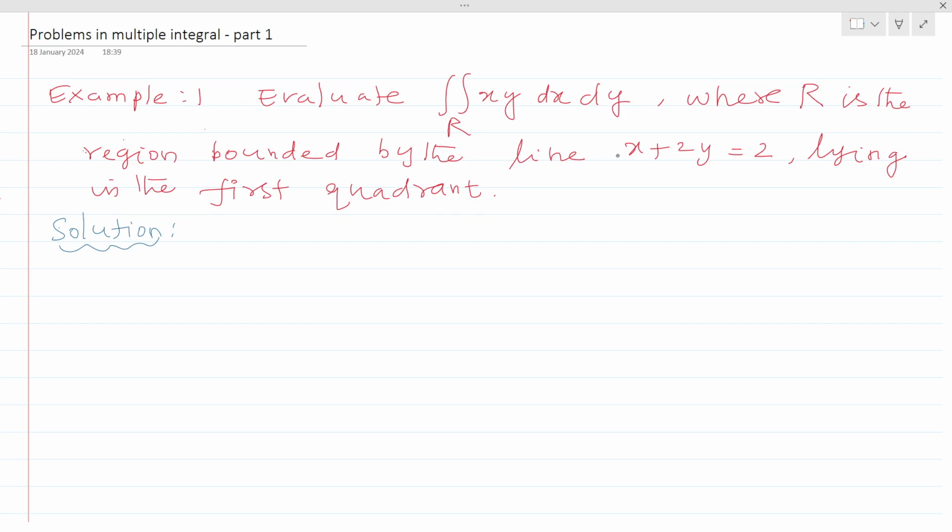So how to draw this? Here given that straight line x plus 2y equal to 2. So this can be written as x by 2 plus 2y by 2 equal to 1. So this can be written as x by 2, here the 2 gets cancelled, plus y by 1 equal to 1.